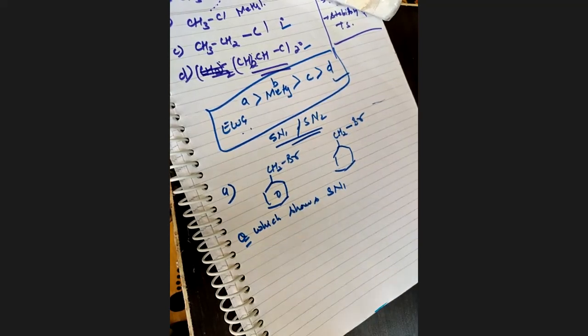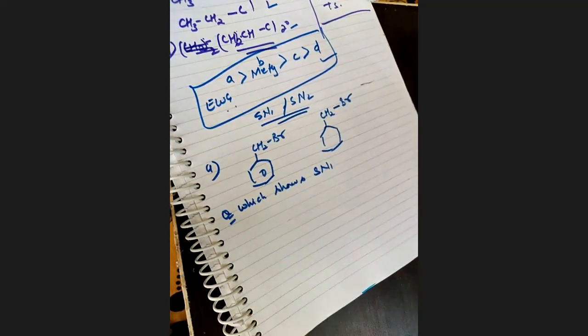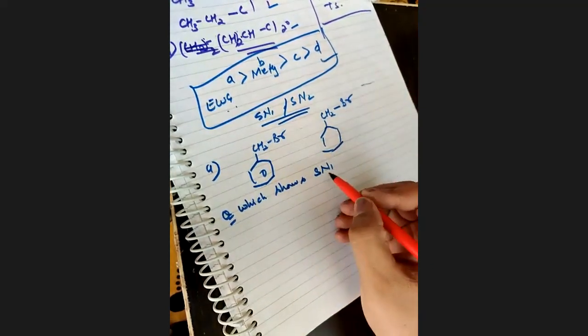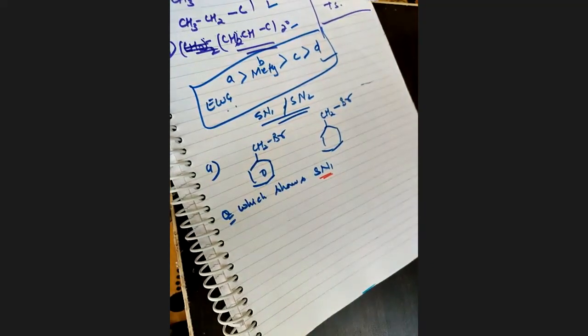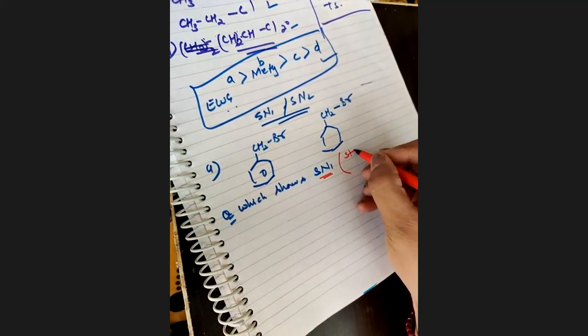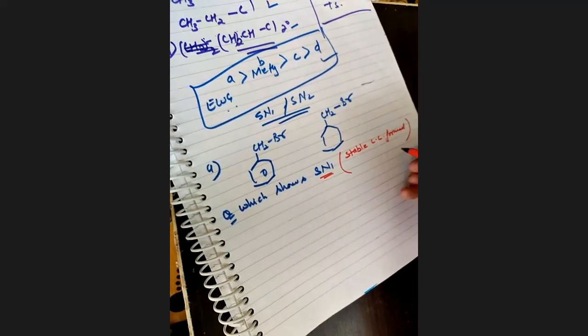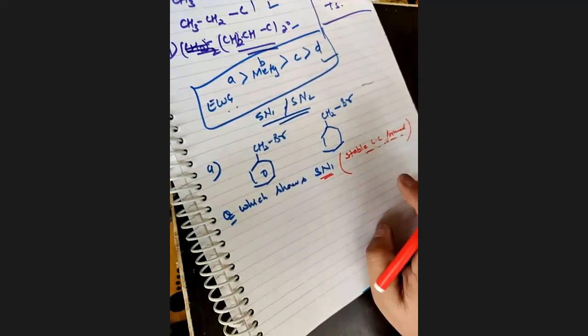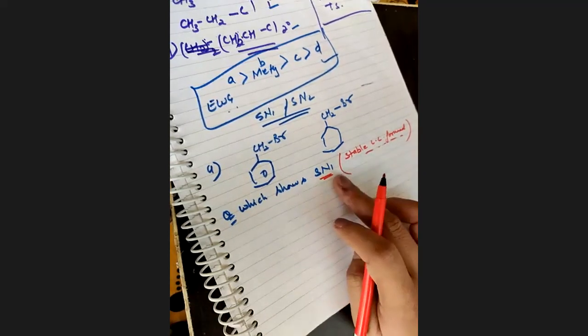Now listen very carefully. This is quite confusing. I have already told you that in SN1, a stable carbocation is formed. If this condition is applicable, if you have a stable carbocation formed in your compound, it means that it will show SN1.